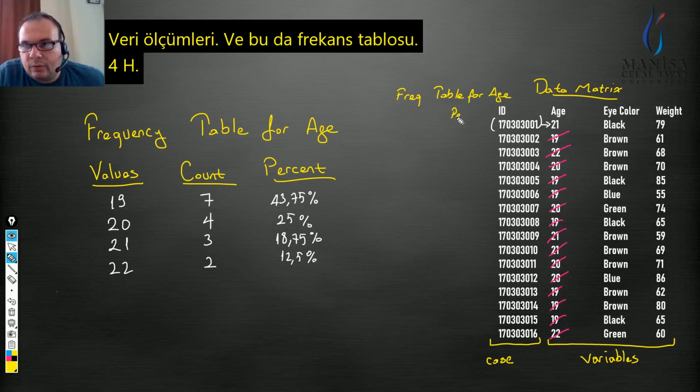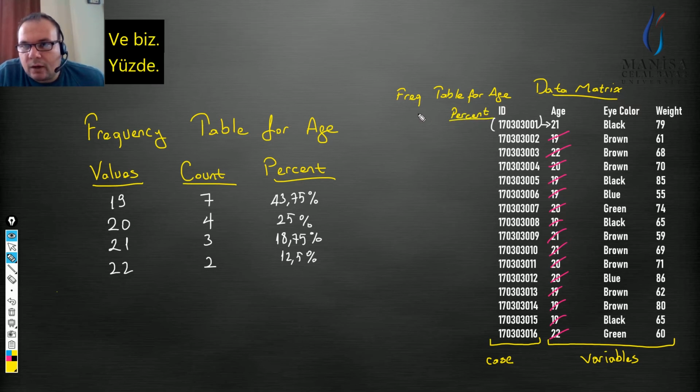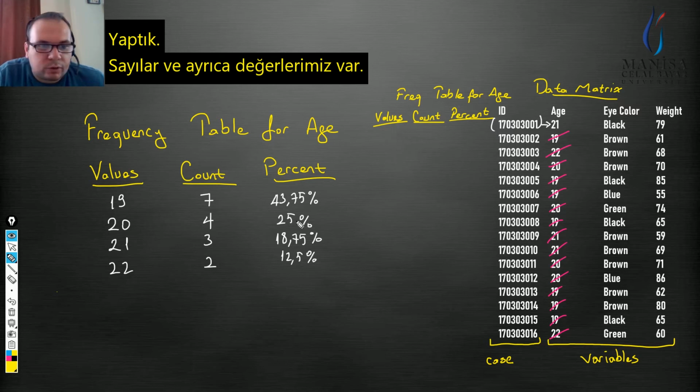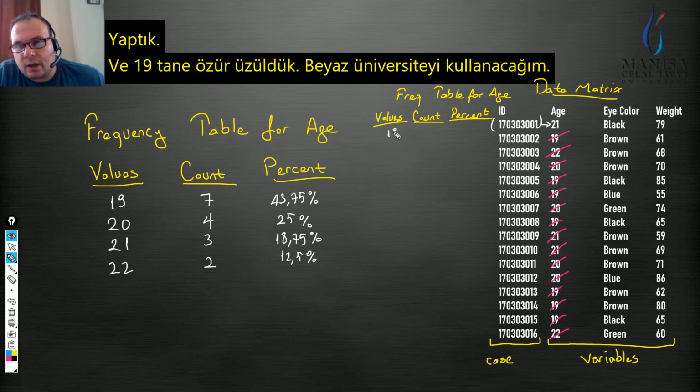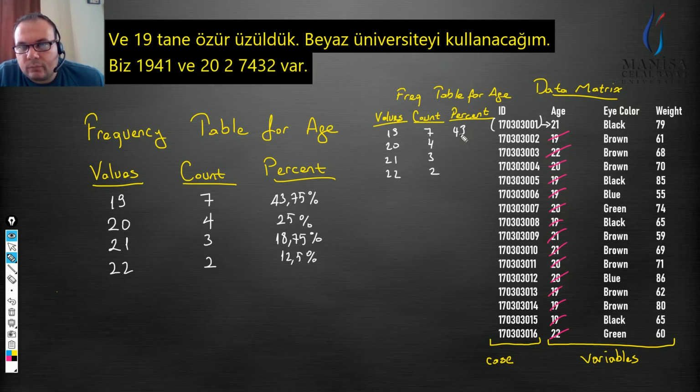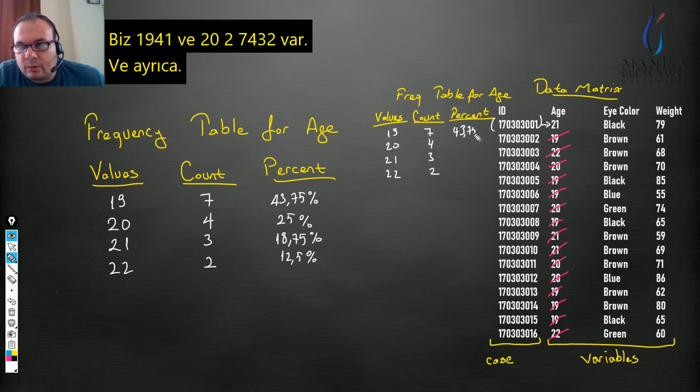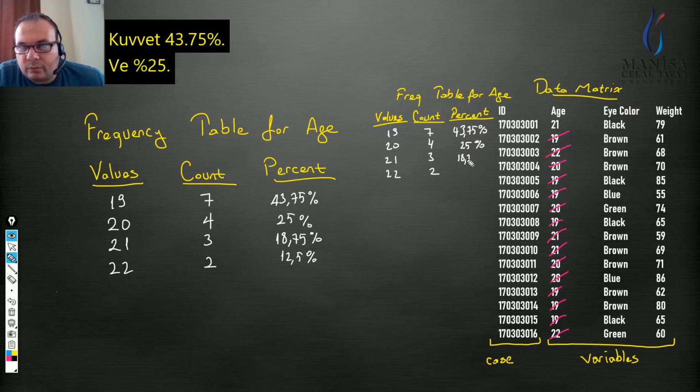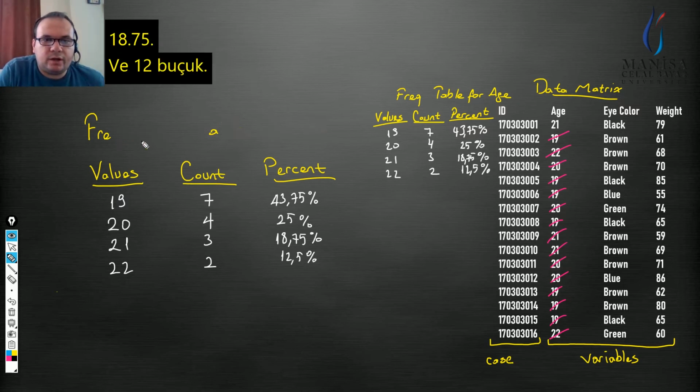We have values 19, 20, 21, and 22. We have counts 7, 4, 3, 2, and percent 43.75%, 25%, 18.75, and 12.5.